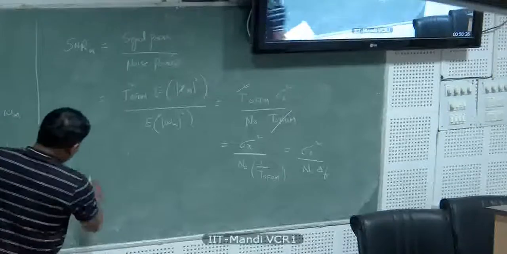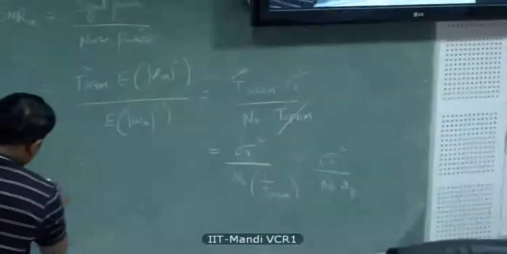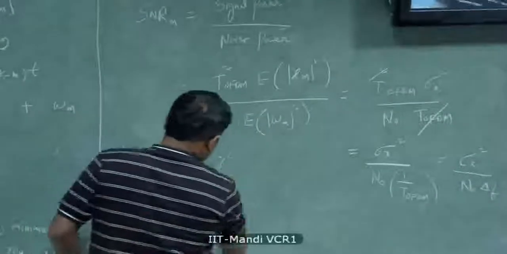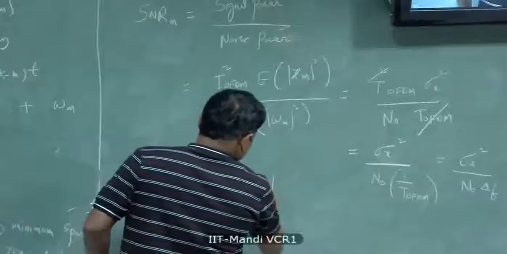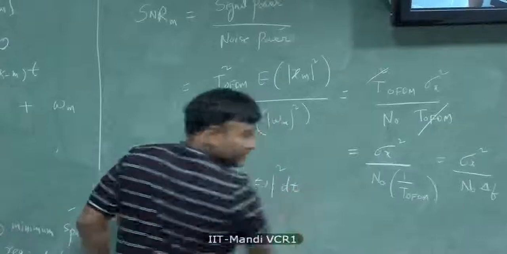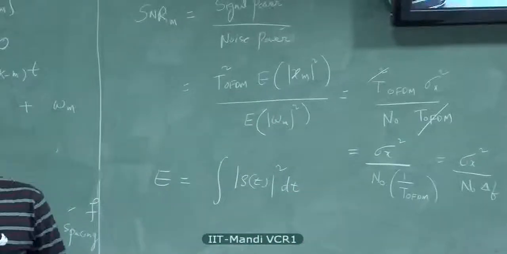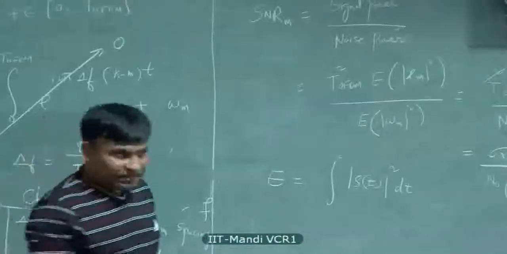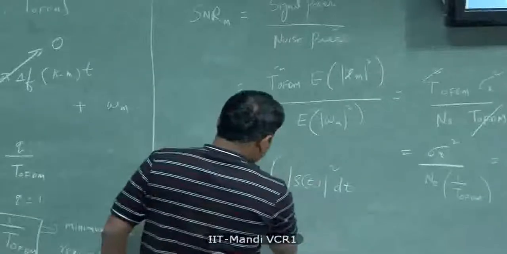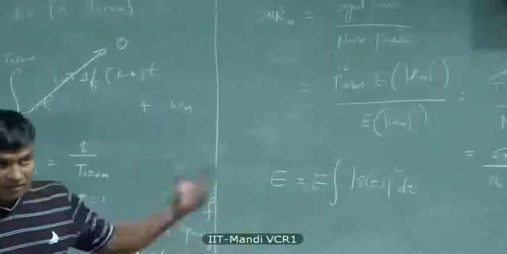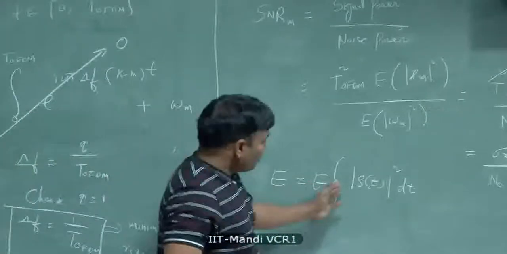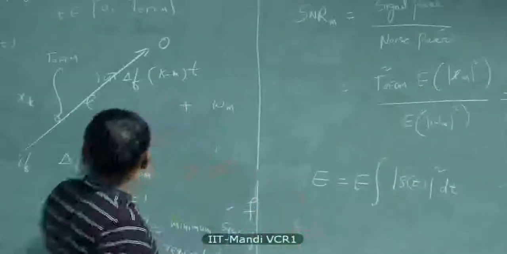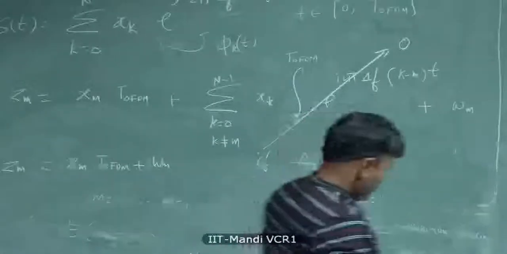And that can be calculated by calculating the energy of the transmission, E, that is equal to the integral of s(t) squared dt, and s(t) being a random signal, you have to talk about average signal energy. Therefore, you keep an expectation here, where the expectation averages over all the random variables involved, which in this case is X_k.